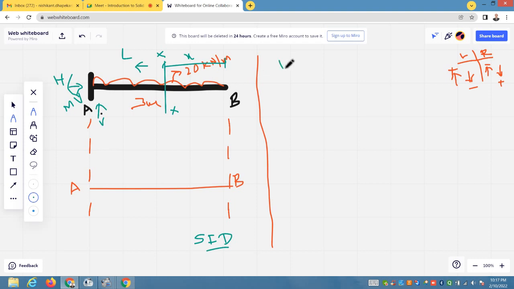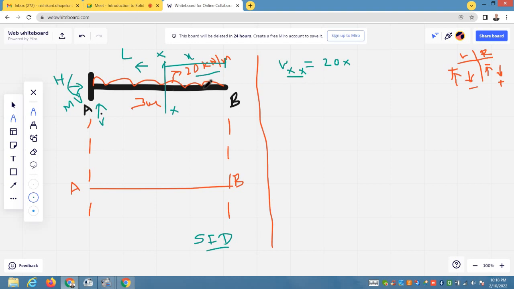Now let us start. First of all, try to develop the master equation Vxx. Vxx equals, on the right side, see the forces, only one uniformly distributed load is acting, 20 kilonewtons per meter. So your intensity is 20 kilonewtons per meter multiplied by the length, because this is the master equation for shear force.